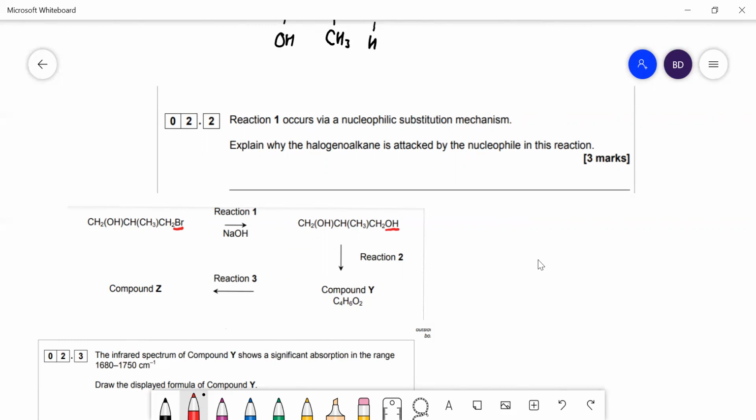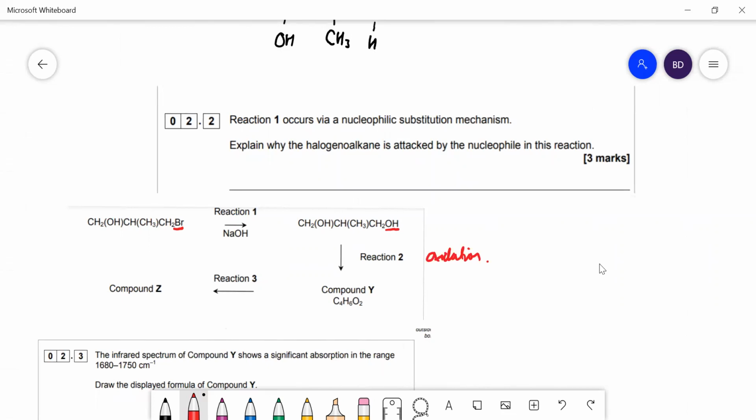So that is an oxidation reaction. You've got 2 alcohol groups and you've oxidized both of them.